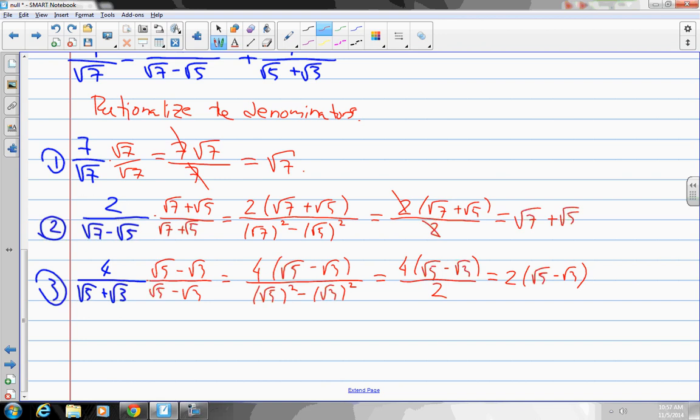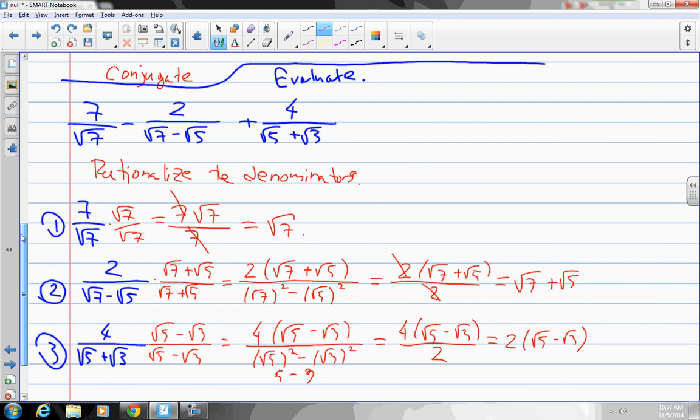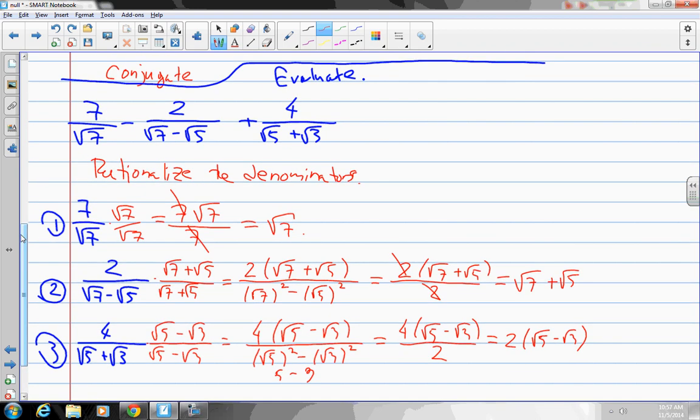It's because this is just 5 minus 3, because the squares, yeah. Is that okay? So if we do that first, which still feels like a lot of work, but it's nowhere near close to what would happen if you try to add those straight up. But let's see what we have.